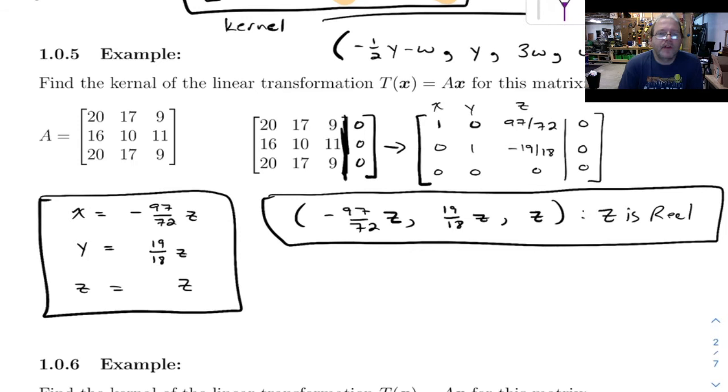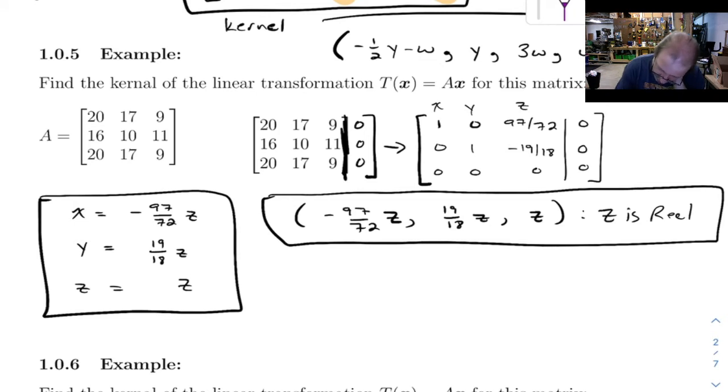Now, those are ugly fractions. And can we get rid of them? Yes, we can. Because remember, these are solutions, and we can pick any value we want for z. If we wanted to, we could scale this thing and get something that's nicer. Now, 72 and 18.